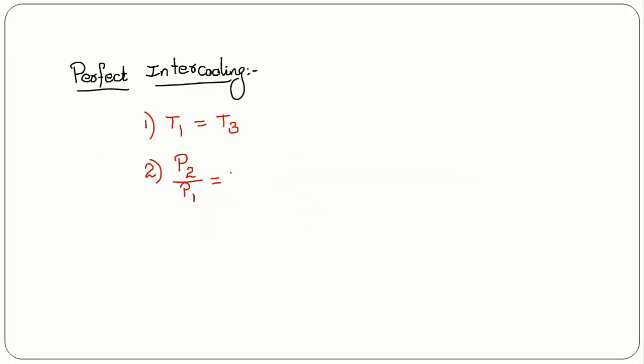So for perfect intercooling, the pressure ratio in both compressors should be the same. As we know, process 2-3 is constant pressure intercooling, so P2 must be equal to P3. So when P2 is equal to P3, this will be the square root of P1 P4.